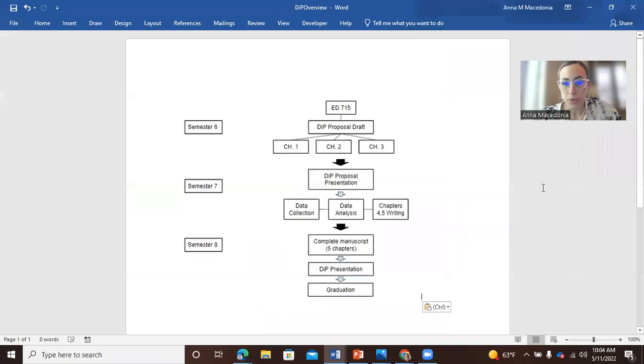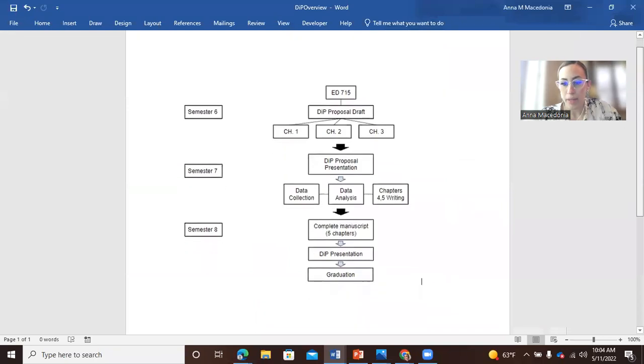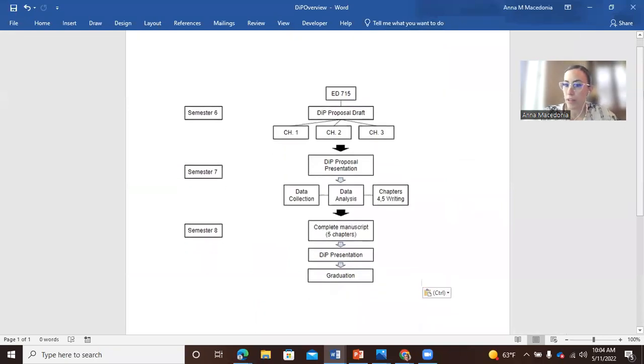So this is a visual that I created, and I'm going to show you resources from 715. The reason I'm doing that is in 715, we explicitly review this entire process, and I co-designed that course with another faculty member. So this is what it looks like.